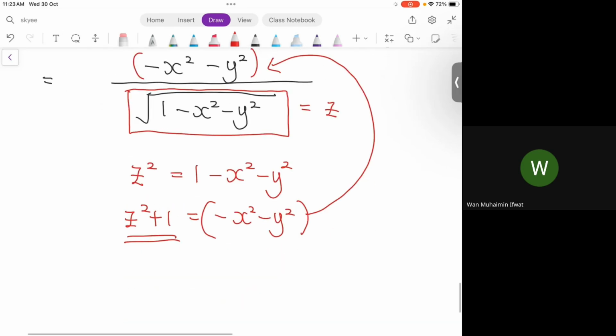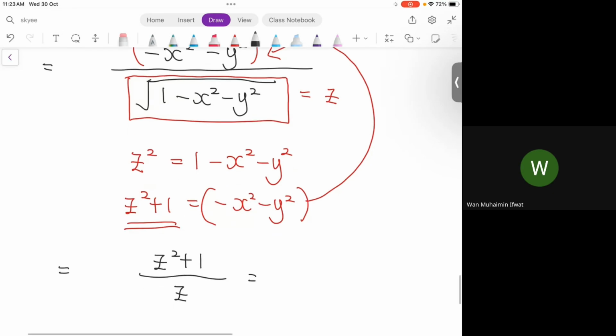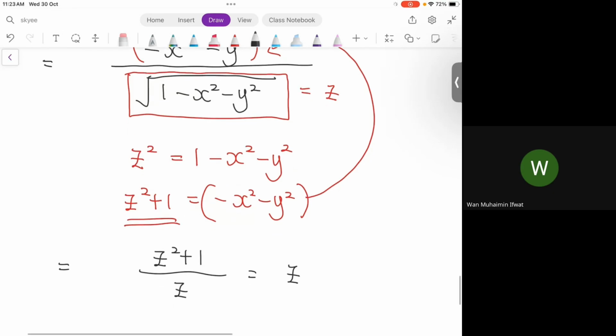It will be equal to z squared plus 1 over z. If you split it, it will be equal to z plus 1 over z. So you have proven that when you do that, you can find the same thing as what the question mentions. So you have to write down "proven".